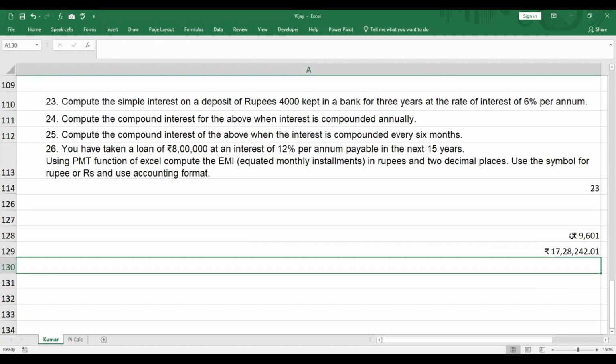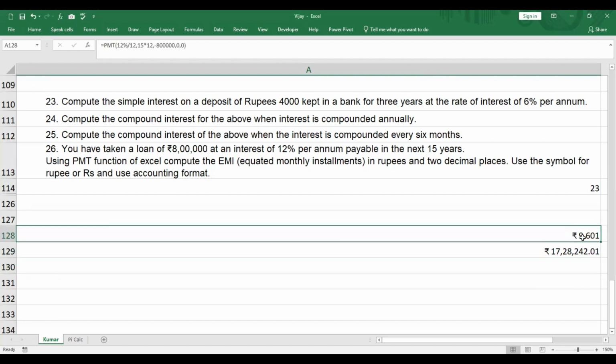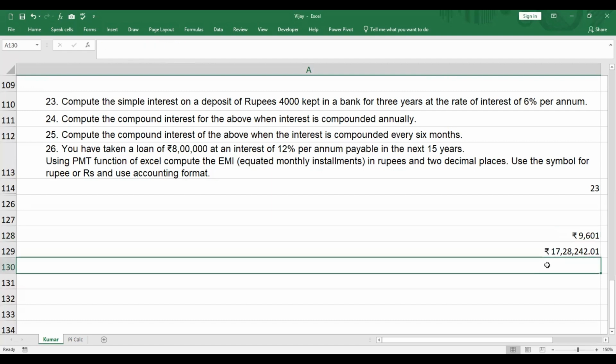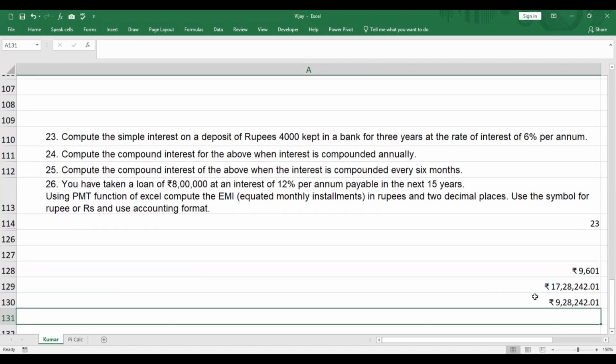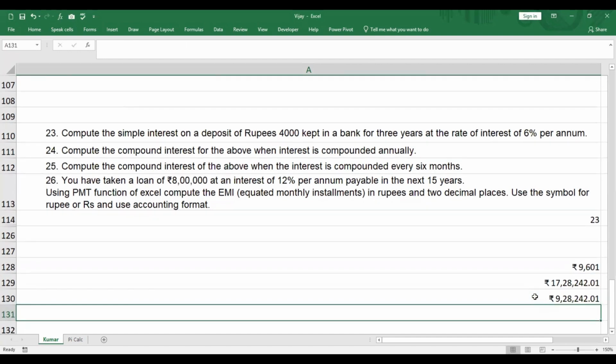And how much loan have you taken? You have taken a loan of 8 lakh. So the cost of the finance is equal to the total amount that you have paid minus the 8 lakhs. 9,28,242 you are paying as interest for the loan taken, which is 8 lakh rupees, but paid over a period of 15 years.